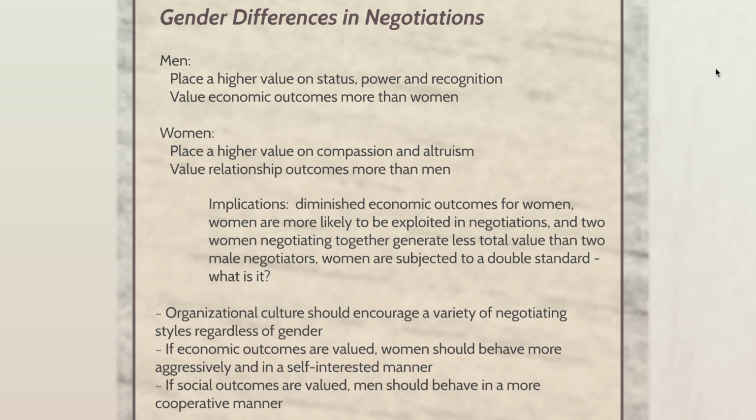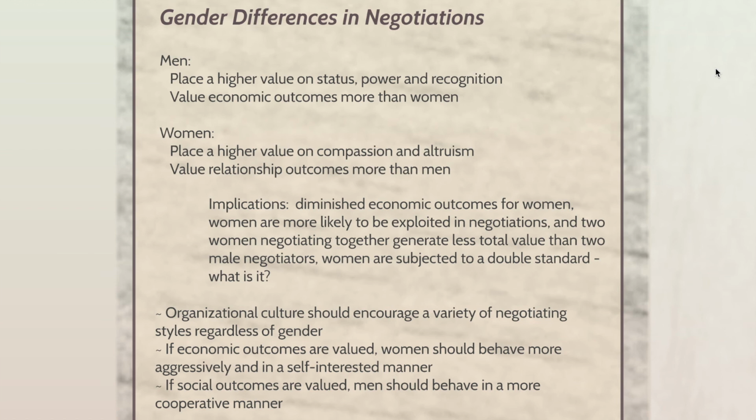Other things that can help mitigate this: organizational culture should encourage a variety of negotiating styles regardless of gender. Encourage women to be more self-interested and aggressive. Encourage men to be more relationship-oriented. You can also strategically choose who you're going to engage in a negotiation based on the outcomes that are being negotiated.